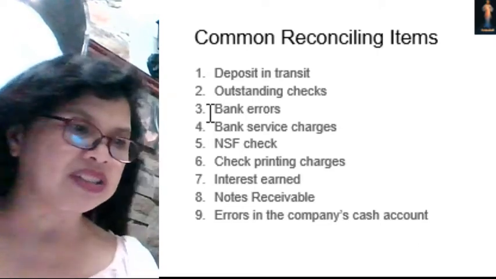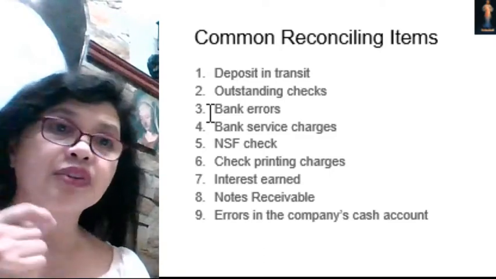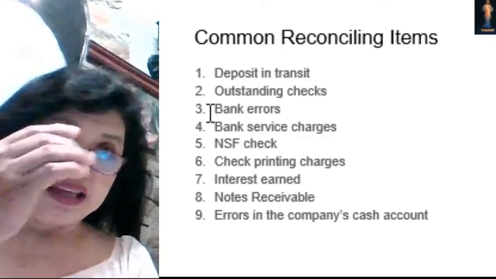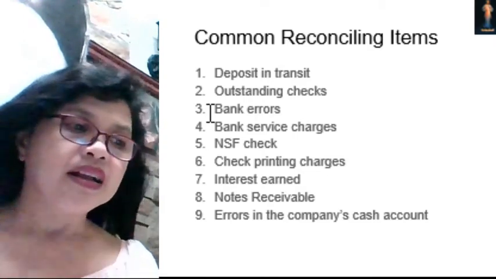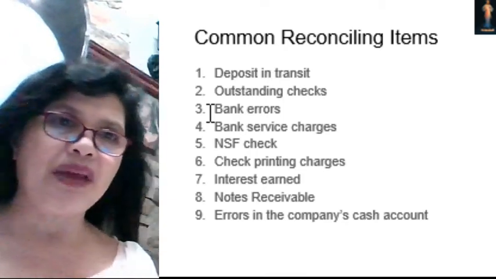When we say outstanding checks, these are checks that have been written and recorded in the company's cash account, but have not yet been cleared by the bank or not yet presented to the bank by the payee.